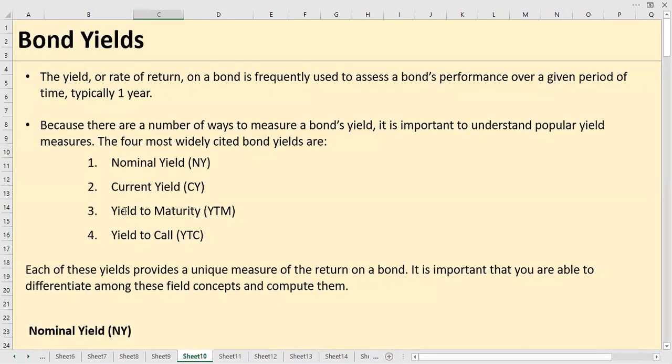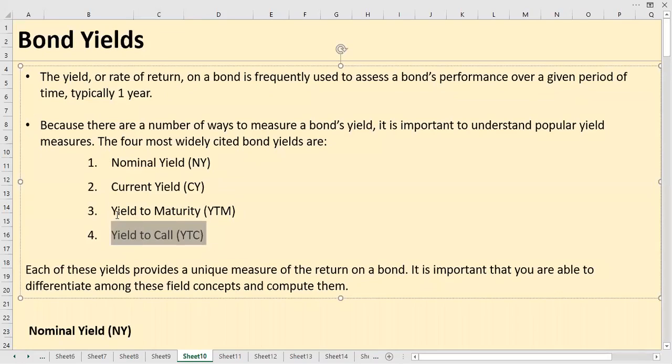These two, yield to maturity and yield to call, are similar things, because when we have a bond with a call option, the issuer can call the bond before maturity. If that happens, we can calculate the yield to call. Otherwise, we can calculate the yield to maturity.